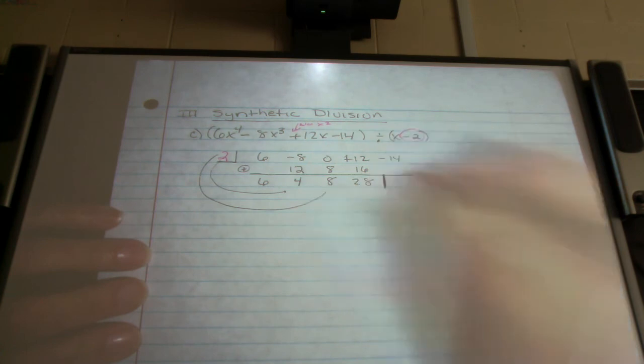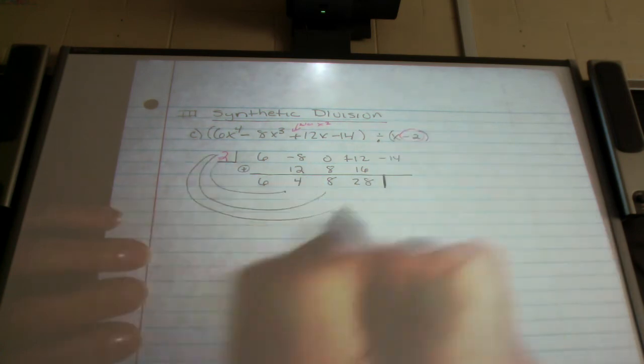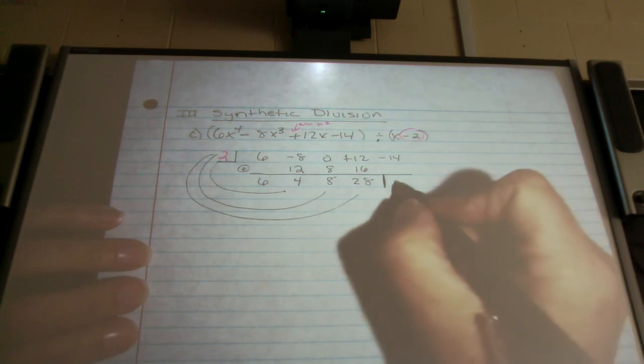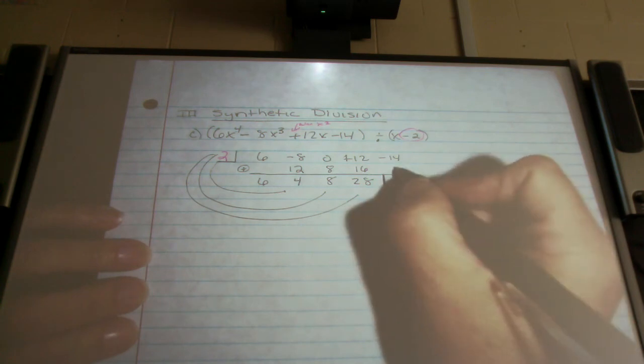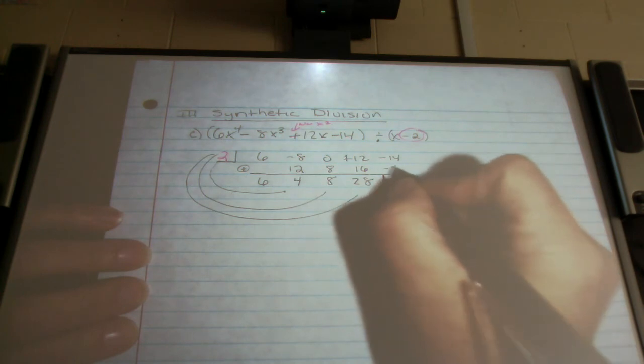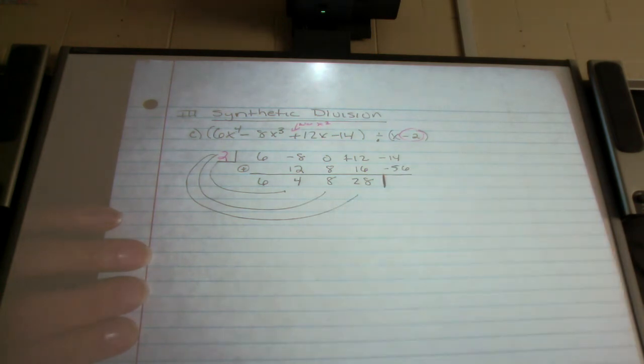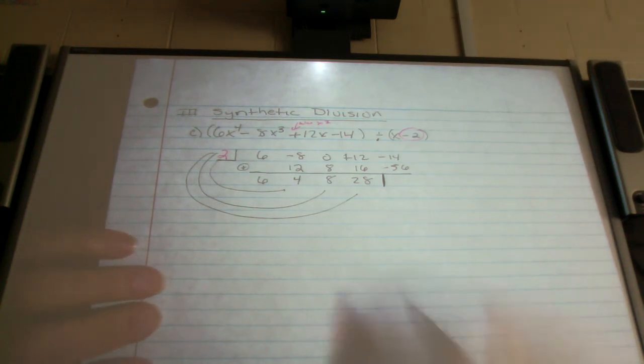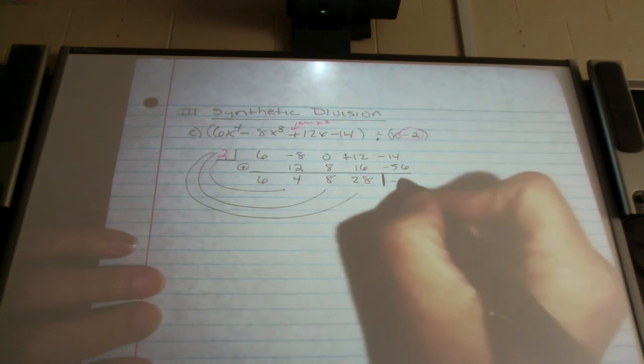And then remember, draw a line, and 2 times 28 is negative 56. Add them together, we get a negative 70.